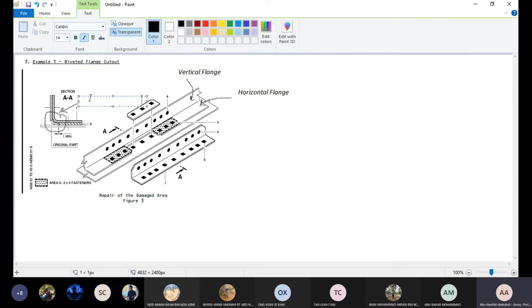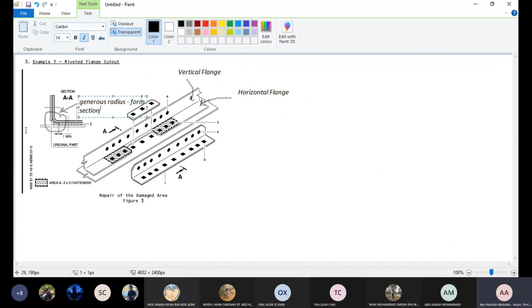So if we have a generous radius, this section is formed. Means that it was made to the shape.